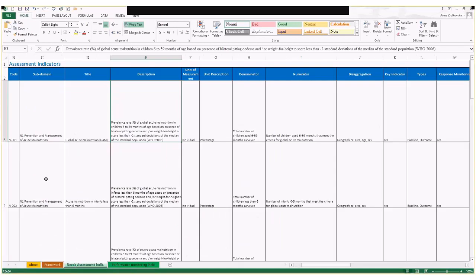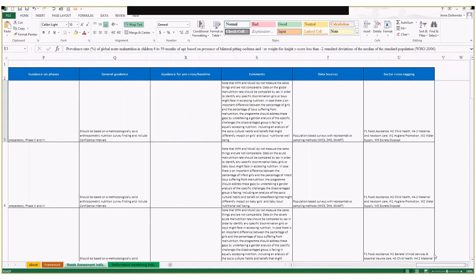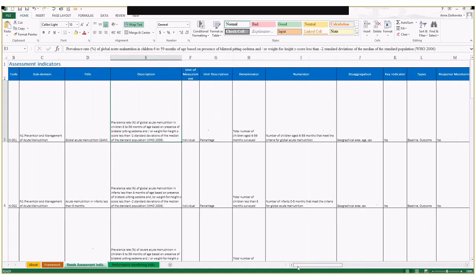They are presented in a table with a lot of information. However, to navigate, you can do it through the title or through the description. For example, global acute malnutrition, of course, is one of our main indicators, and then you have a description of what this indicator actually is.